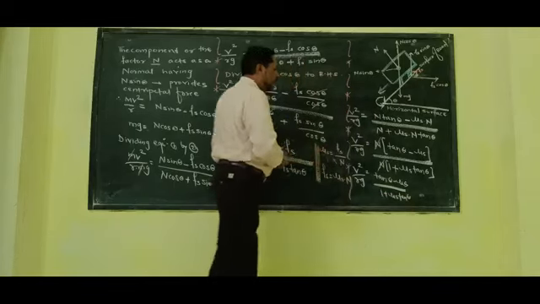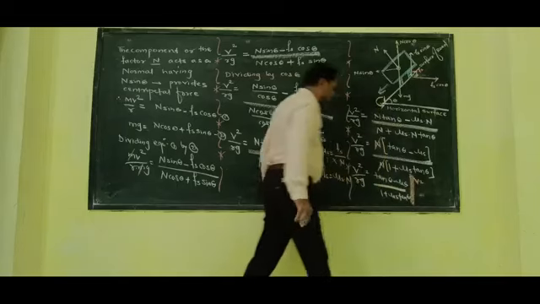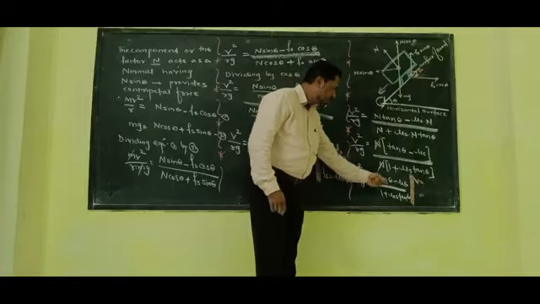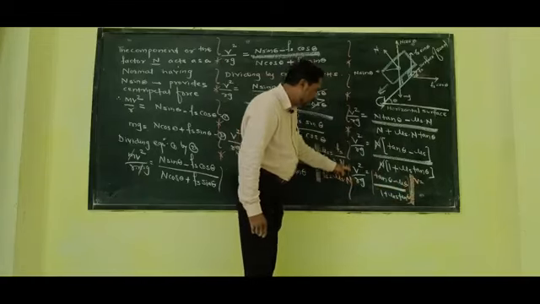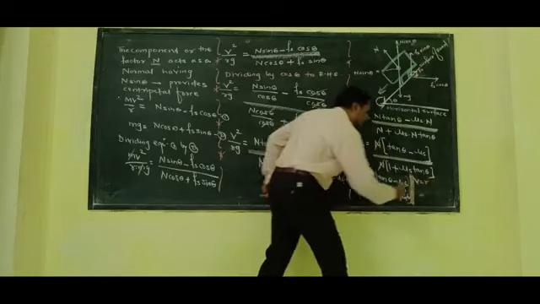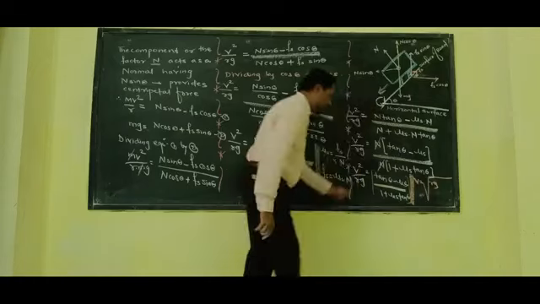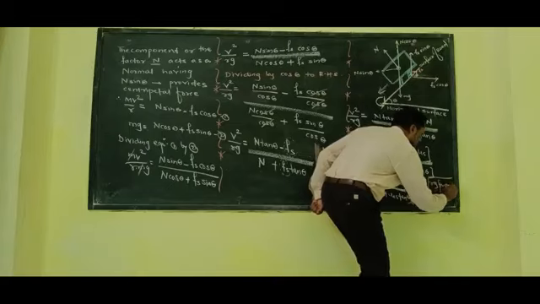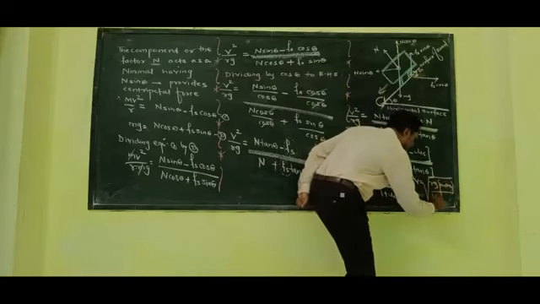Or we can write, taking the square root, with rg going to multiply this bracket, v is equal to the square root of rg times the bracket, tan theta minus mu s divided by 1 plus mu s tan theta.